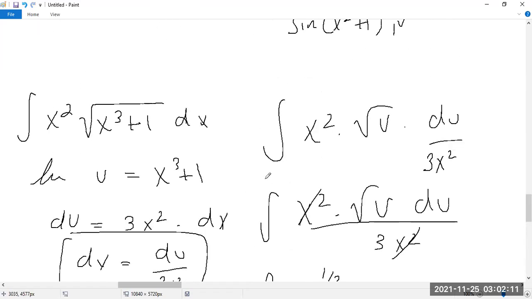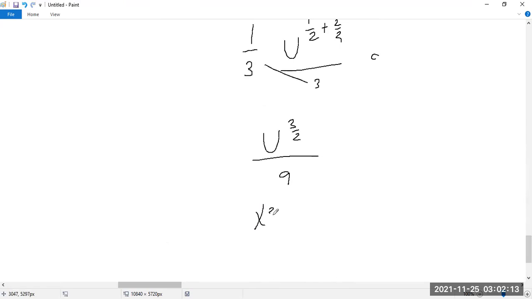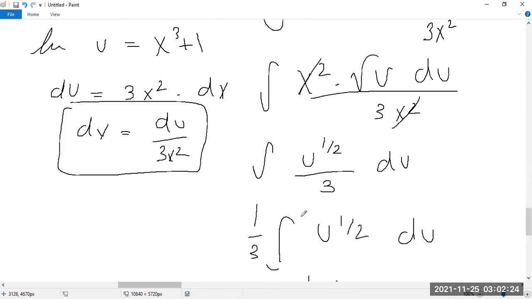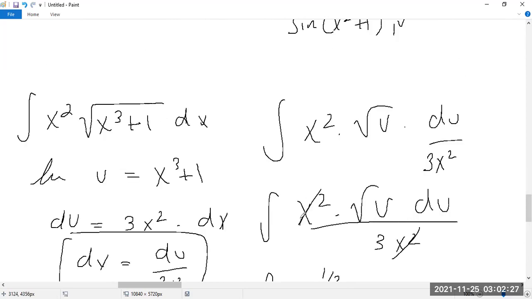So your u value was x cubed plus 1. But I think I forgot something here.